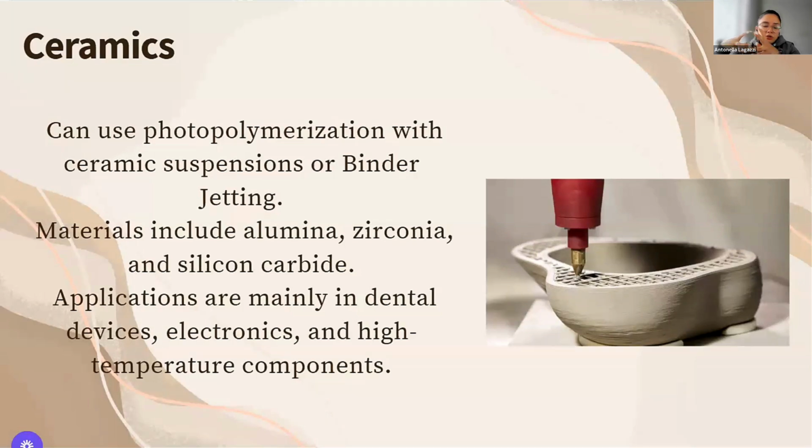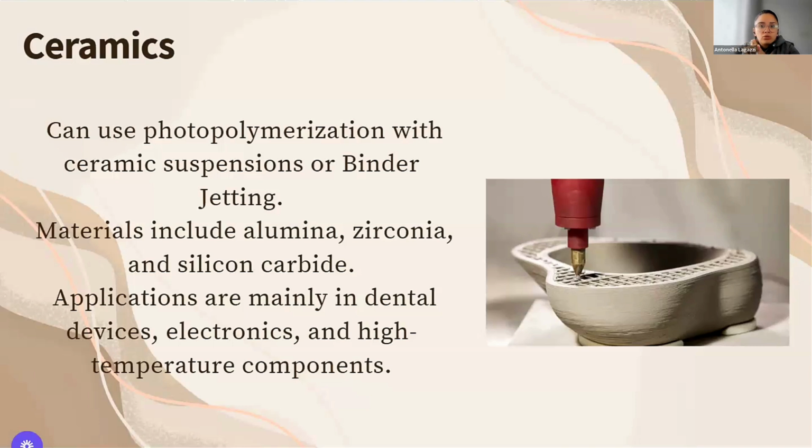We can use photopolymerization, for example, that is a process in polymers that involves light with ceramic suspensions, that is mainly liquid with some particles of a specific ceramic.